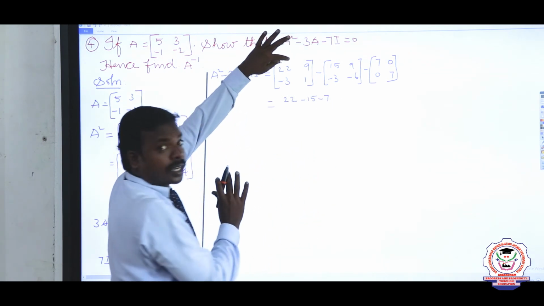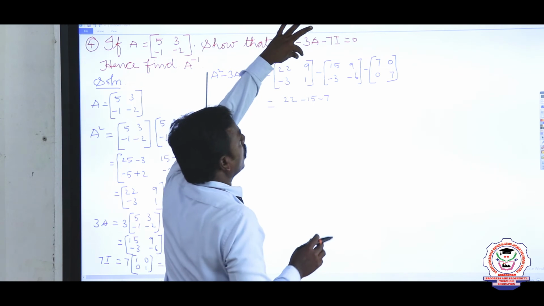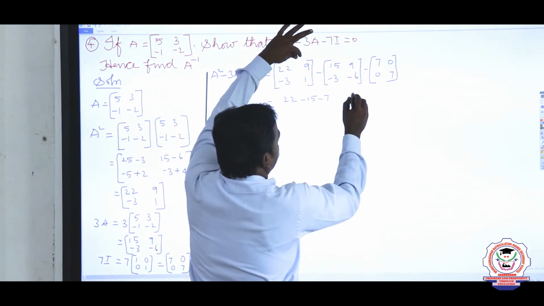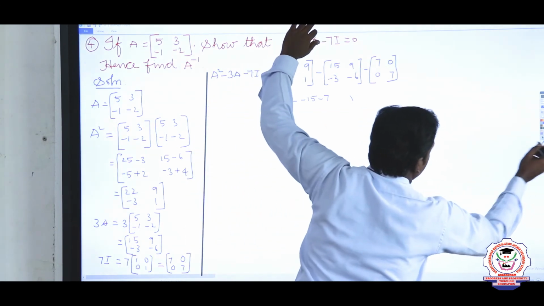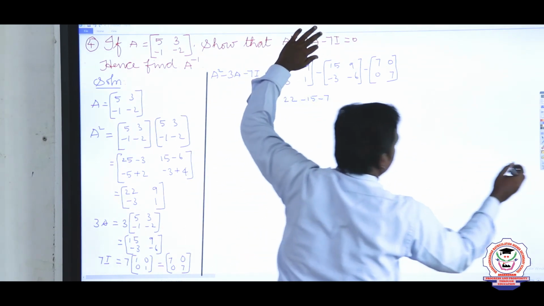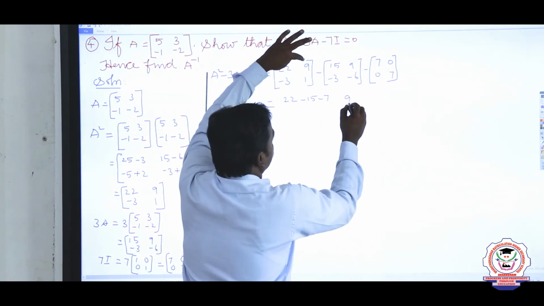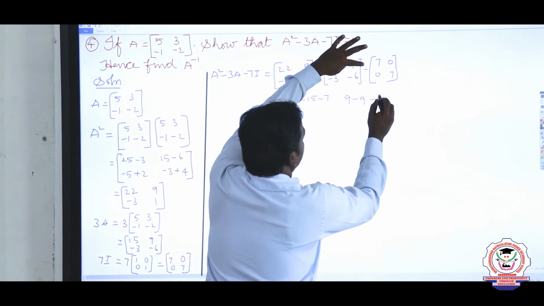The first row, second column element is 9 minus 9 minus 0.